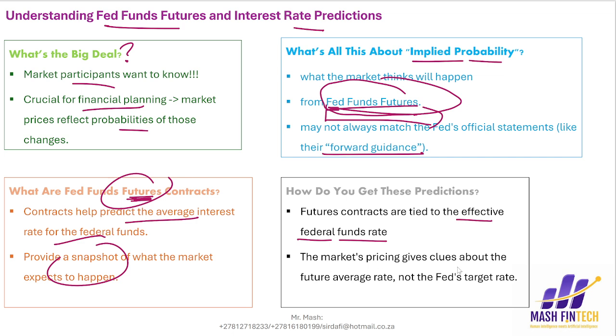The market's pricing gives clues about the future average rate, not the Fed's target rate. So the market pricing is going to give you clues about the future average rate, but not the target rate set by the bank.